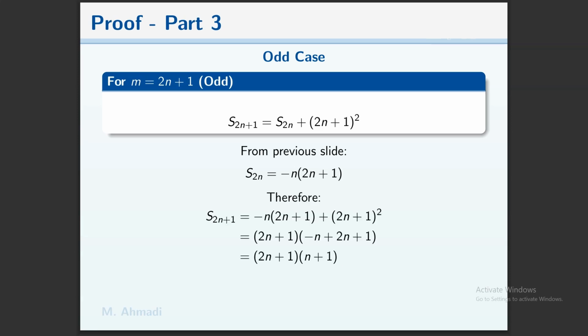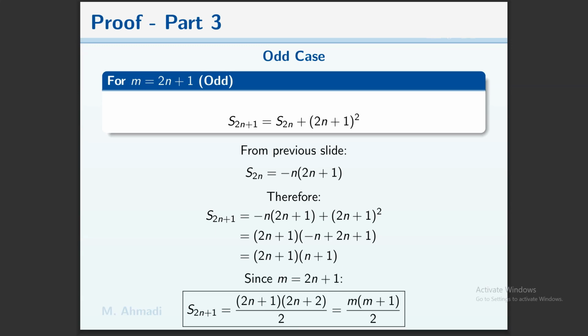So we can write S_(2n plus 1) equals minus n multiplied by (2n plus 1) plus (2n plus 1) squared, equals (2n plus 1) multiplied by (minus n plus 2n plus 1), equals (2n plus 1) multiplied by (n plus 1). And then since m equals 2n plus 1, we can write S_(2n plus 1) equals (2n plus 1) multiplied by (2n plus 2) over 2, equals m multiplied by (m plus 1) over 2.